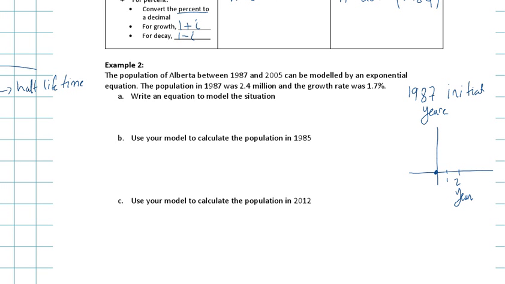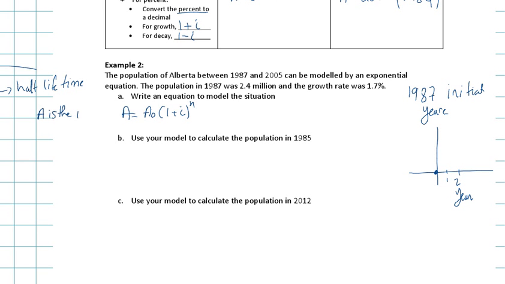What does that 2.4 million represent? The initial population. Okay? So the amount is equal to, which formula am I going to use? Growth. So A0 times 1 plus i to the power of n, right? Where A is the population in millions, right?